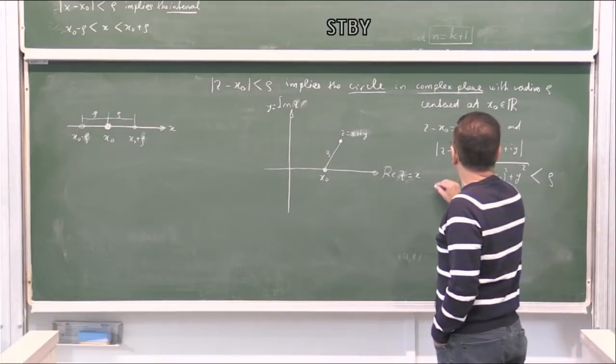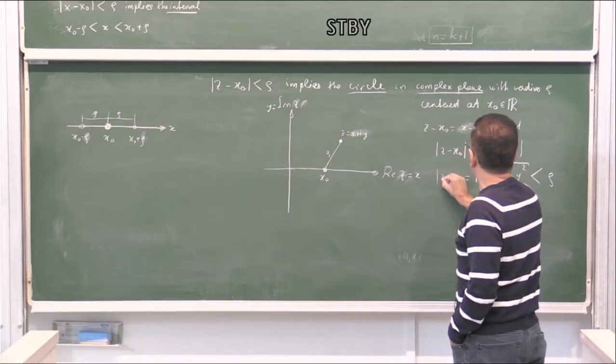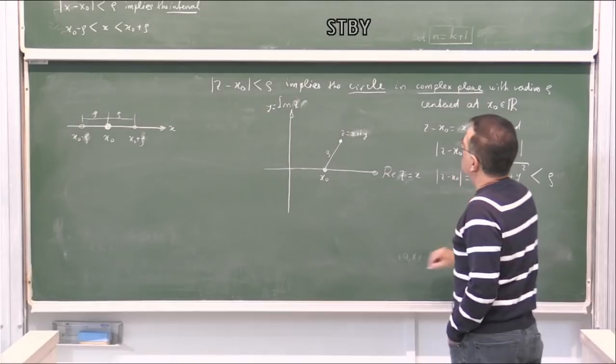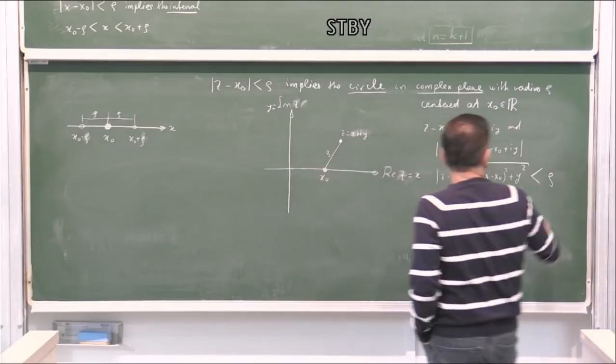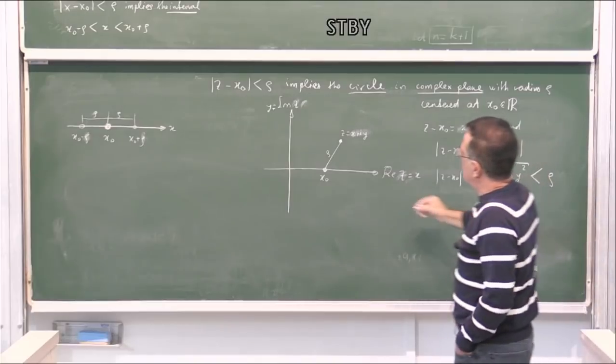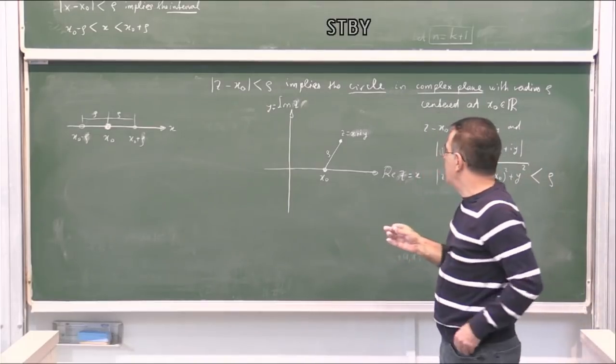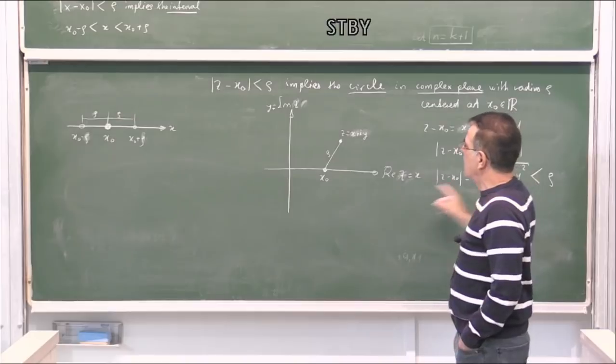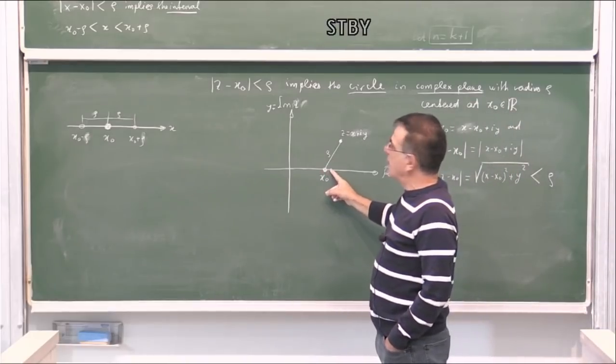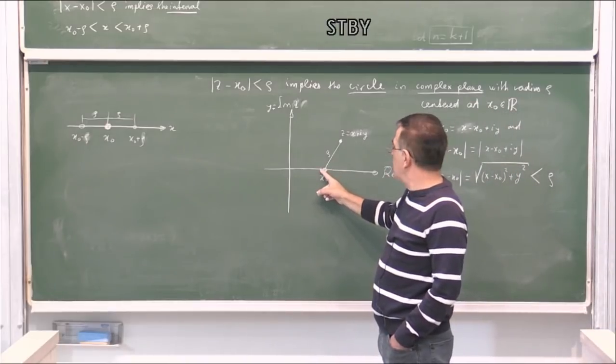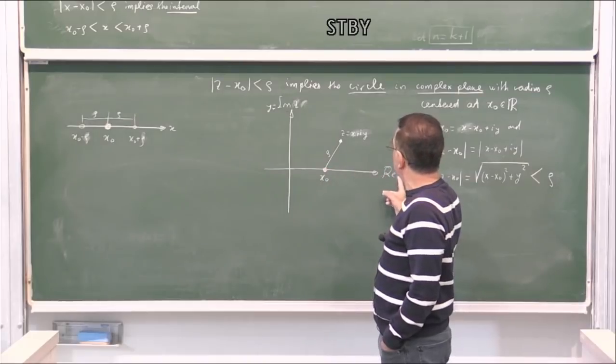So absolute value of z minus x0 smaller than rho implies the circle centered at (x0, 0) on the real z or x-axis.